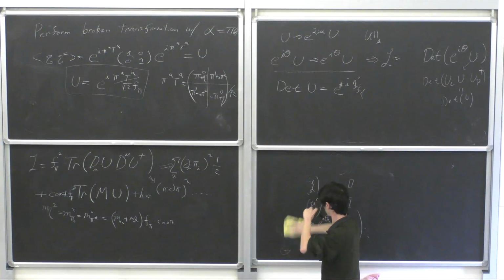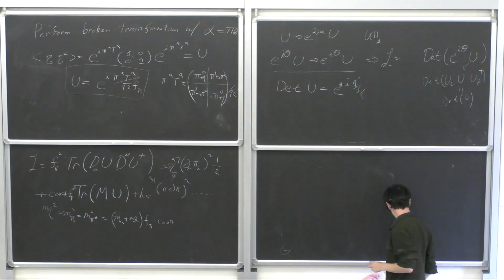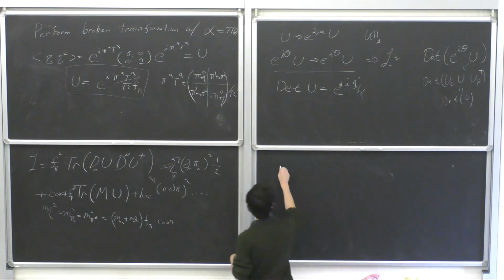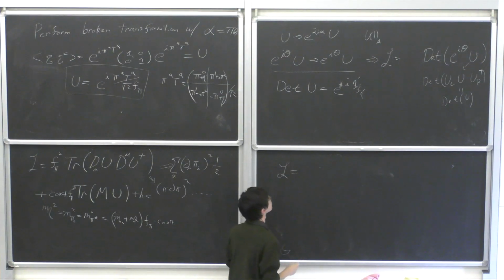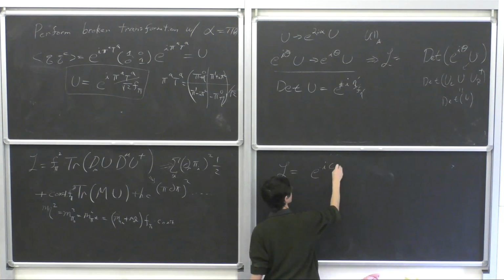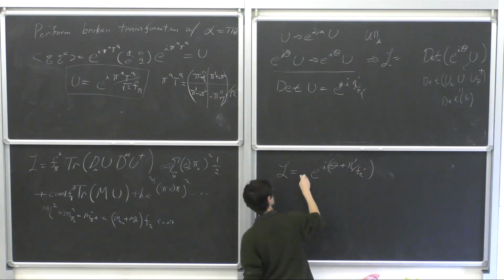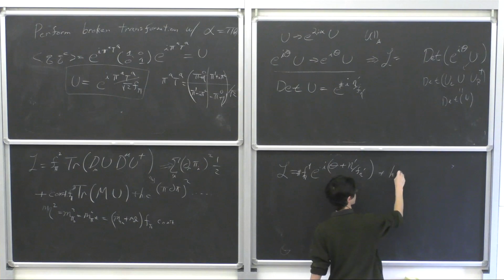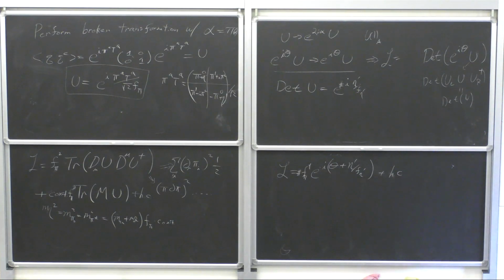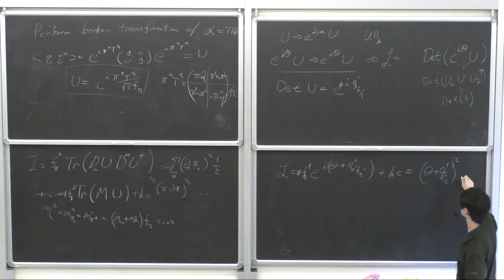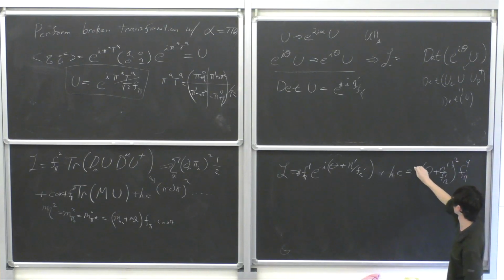And so we have a term in the Lagrangian, which is e to the i (theta plus eta prime over f eta prime) times some number, whatever, f pi to the fourth times some number, plus Hermitian conjugate. If you Taylor series this, you get something like (theta plus eta prime over f eta prime) squared, f pi to the fourth times some number.